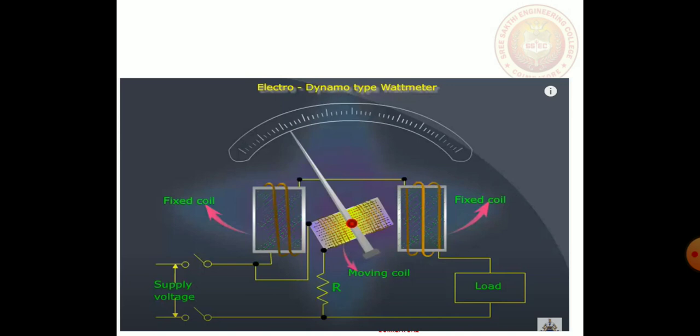Construction: when a dynamometer instrument is used as a wattmeter, the fixed coils are connected in series with the load and carry the load current, while the moving coil is connected across the load through a series multiplier and carries a current proportional to the load voltage. It is shown in the figure. Here the fixed coil is called the current coil and the movable coil is called the potential coil. The controlling torque is provided by two spiral springs, which also serve the additional purpose of leading current into and out of the moving coil.